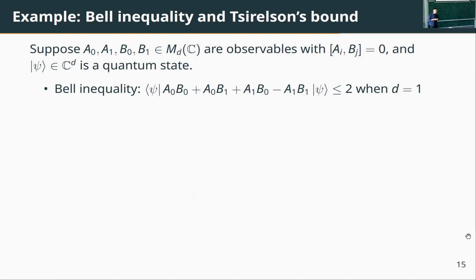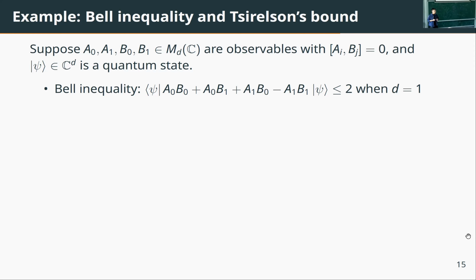So in this bipartite scenario, Alice and Bob are 2 non-interacting parties. Each of them can make some measurements. So A0, A1 for Alice, B0, B1 for Bob. Those are all binary observables, and their measurement observables are compatible, meaning that they commute, and they want to measure a state psi.